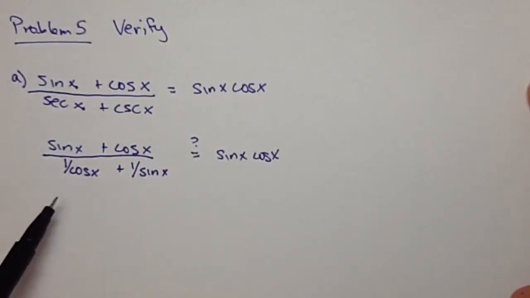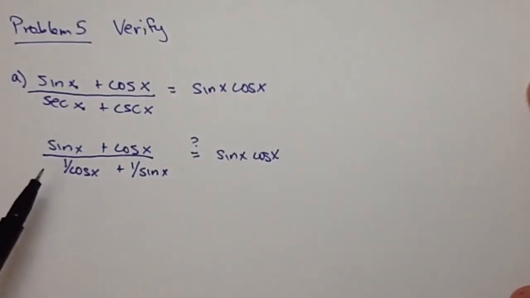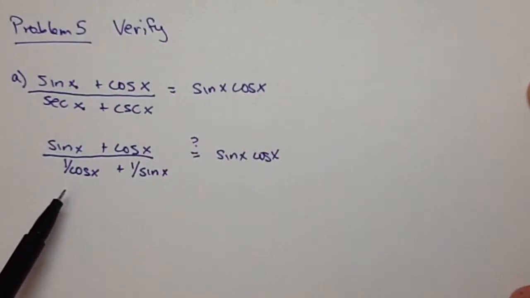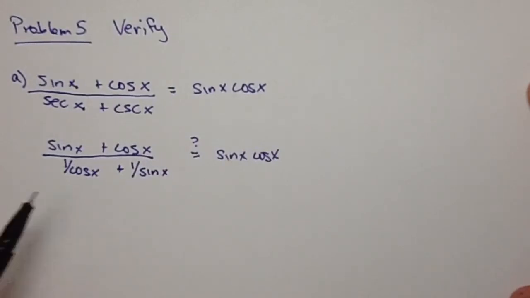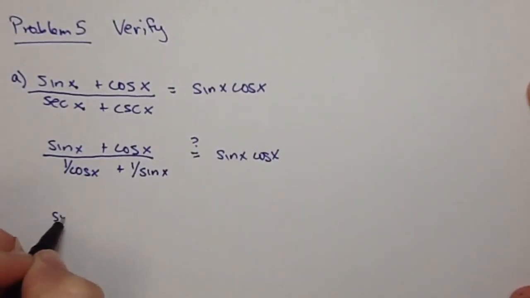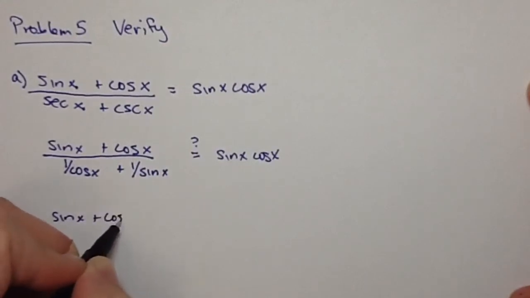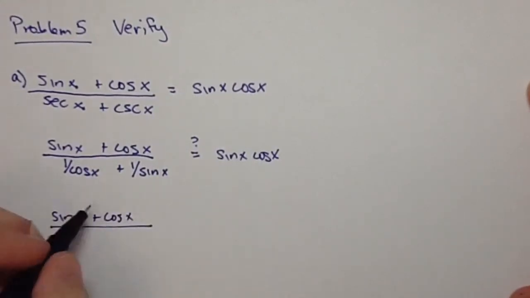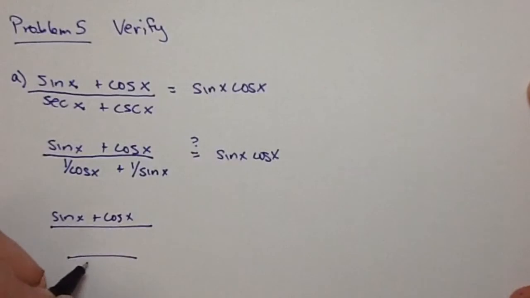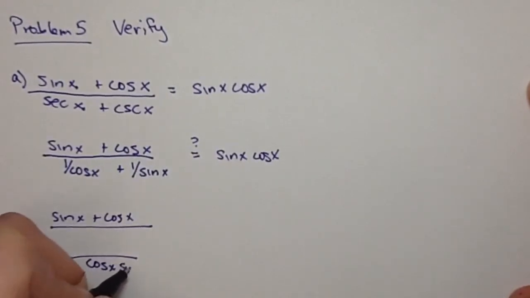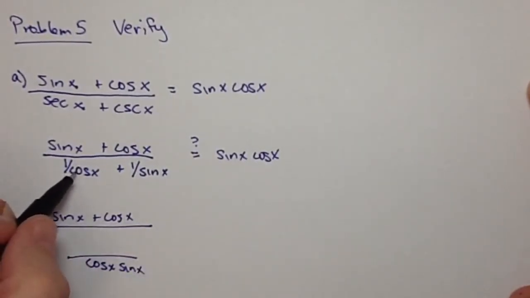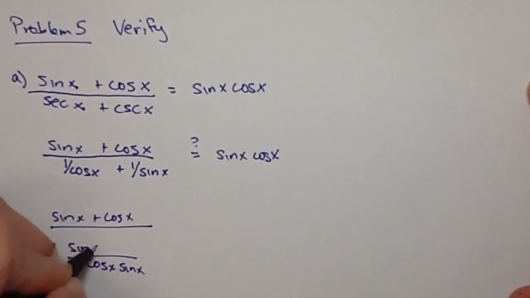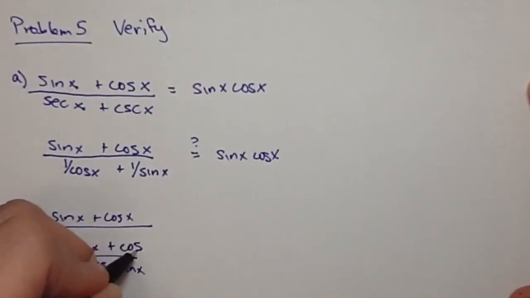Well, we have fractions in our denominator, so it would be good to get a common denominator. So that's (sine x plus cosine x) over (cosine x sine x).